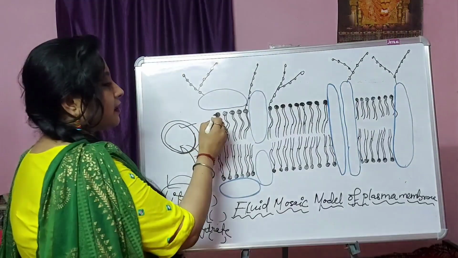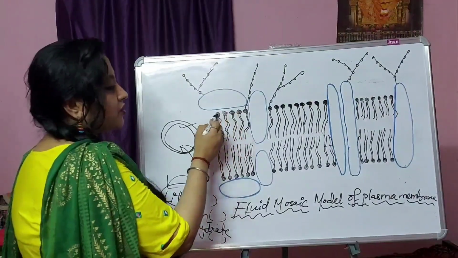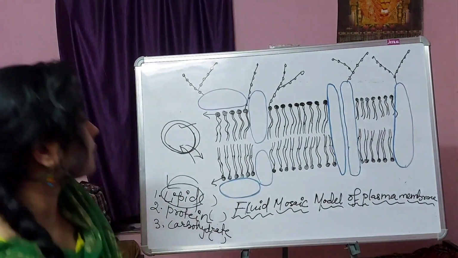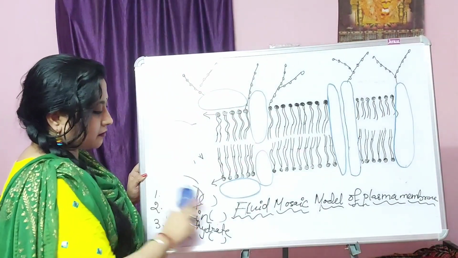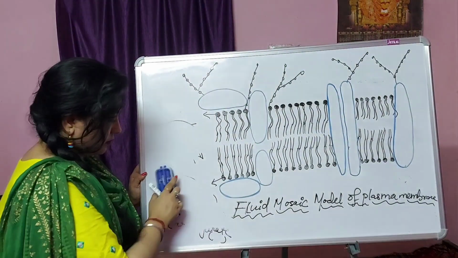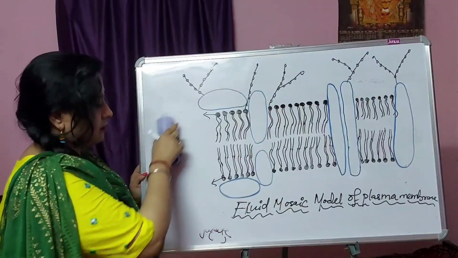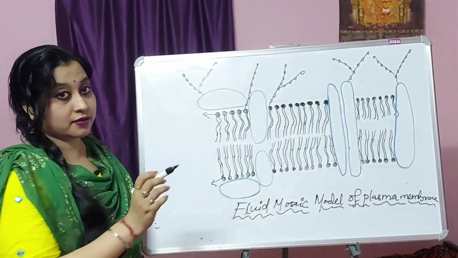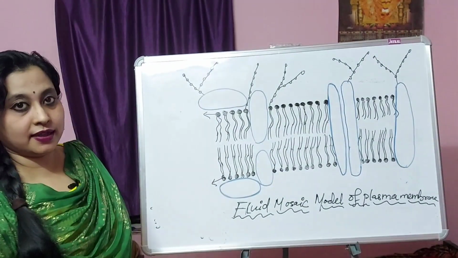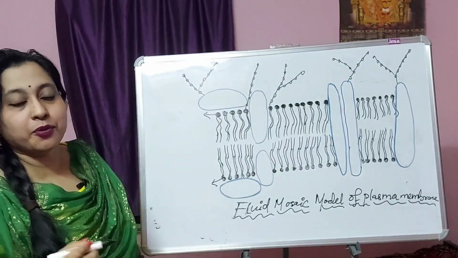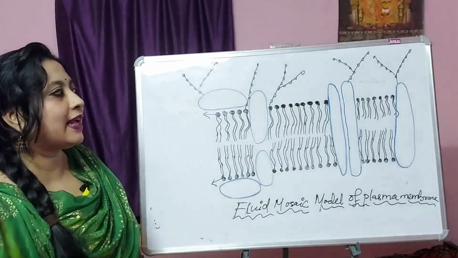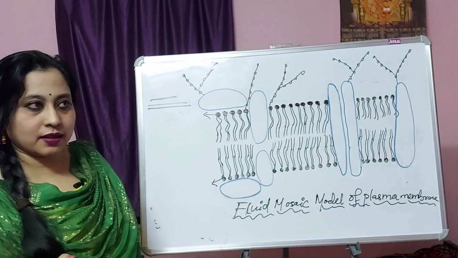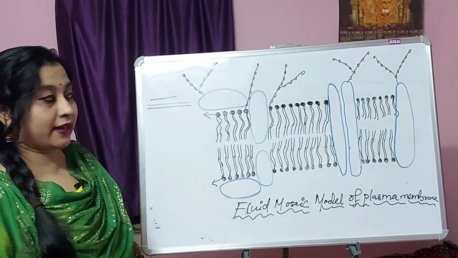If you see this structure, this is actually the trilaminar structure. A lipid bilayer is there and proteins are present. But it's not like that, proteins present as lipid, then protein, then lipid. It's not like that. It is arranged in a mosaic manner.